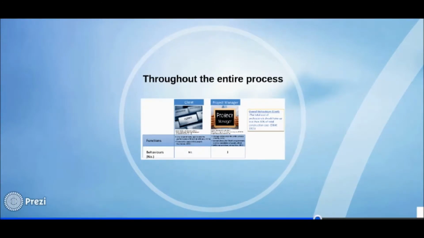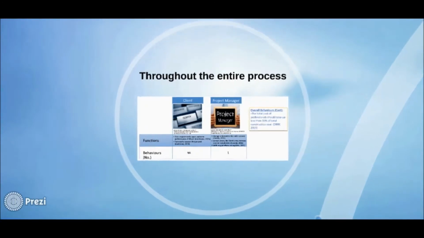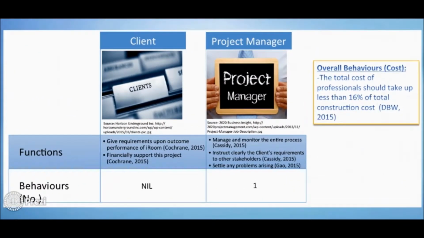Then I will talk about the functions and behaviors of different stakeholders. A point to note is that for the overall behaviors, the total cost of professionals should take up less than 16% of the total construction cost. Throughout the entire process, there are mainly two stakeholders, the client and the project manager. The function of the client is to give the requirements upon the outcome performance of the Iroom.